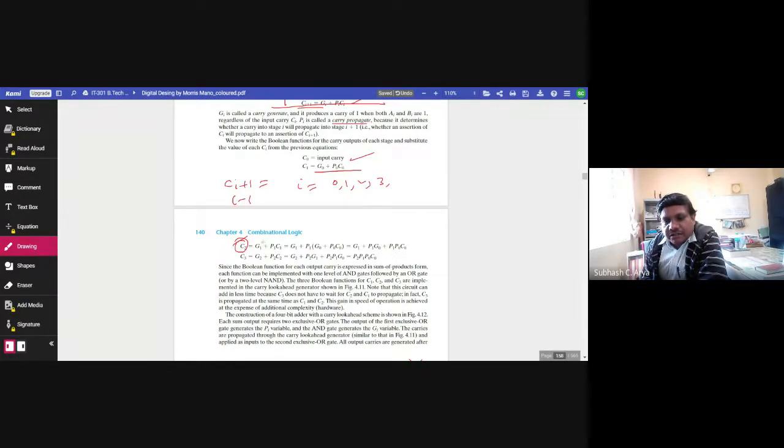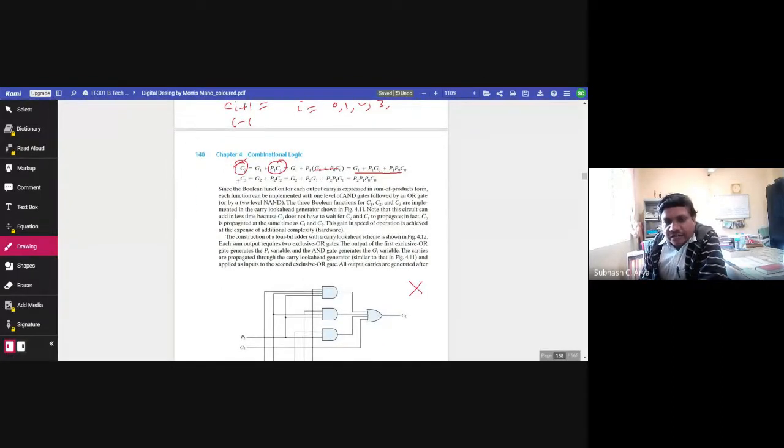And now this P1 C1 can be written in terms of C1, which can be written as G0 plus P0 C0, this one. So we expand this one. In a nutshell, what I'm trying to tell is that higher order terms are expressed in lower order terms.